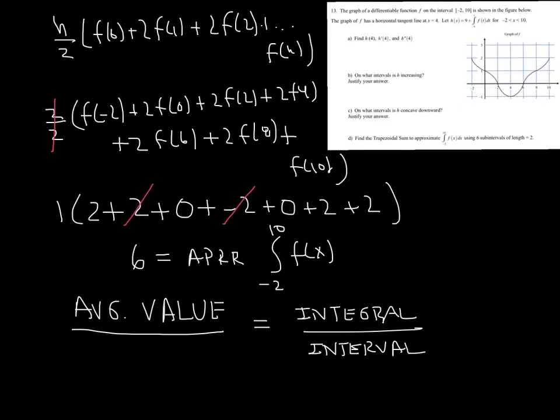So the integral we have approximated to be 6 divided by the interval, which would be 10 minus a negative 2, which is 12. So 6 over 12 reduces to 1/2, and that would be our final answer for the average value. And you can see that that looks to be about right. At 1/2 is that line right there, so that looks to be about the average value of that function.